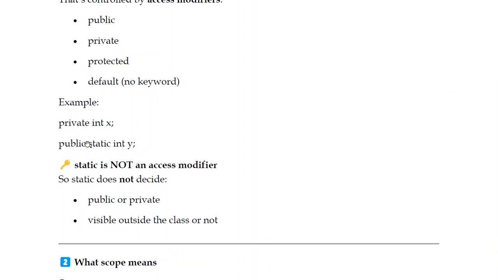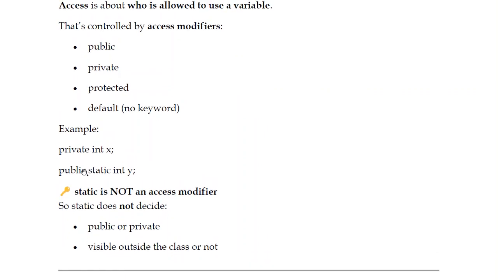Private is an access modifier, public is an access modifier, but static is not an access modifier; it is a non-access modifier. Here static does not decide whether it is public or private, because it is a separate concept. Private and public decide who can access.